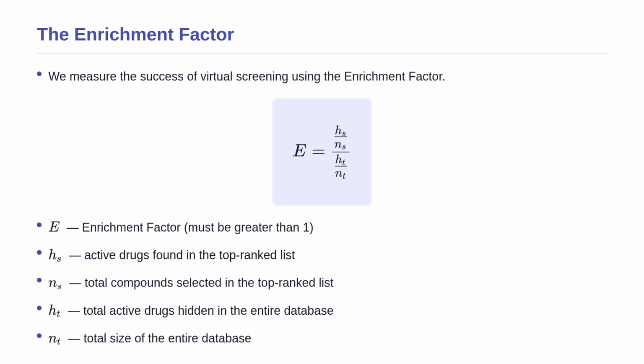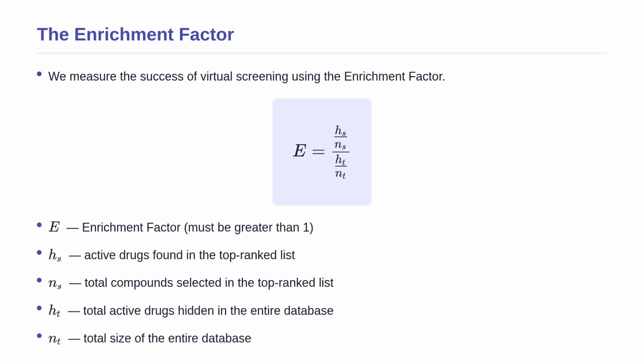To know if our massive computational funnel is actually working, we rely on a specific mathematical metric. This is the enrichment factor, denoted as E. It tells us how much better our computer model is compared to picking chemicals completely at random. In this formula, the numerator represents the success rate of our computer model.